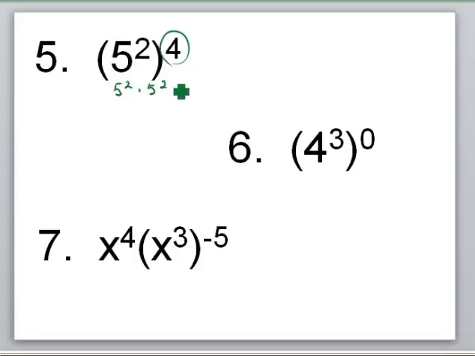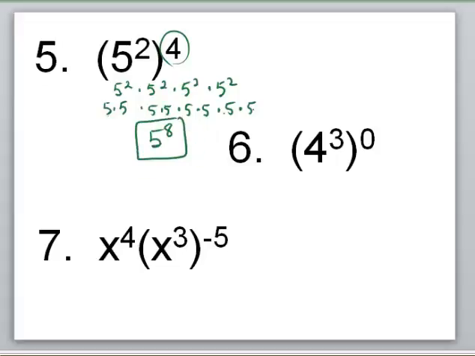So if I write that out, 5 squared times 5 squared times 5 squared times 5 squared, this is what I have. But now if I take that further, I have 5 times 5, because that's what 5 squared is, times 5 times 5, because that's what 5 squared is, times 5 times 5, and then 5 times 5. So I end up with 1, 2, 3, 4, 5, 6, 7, 8 5s.